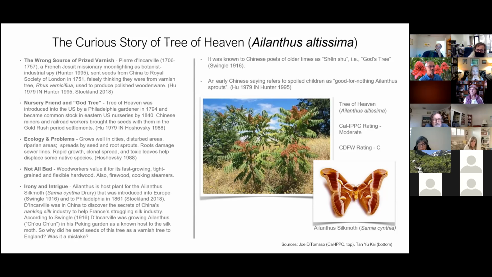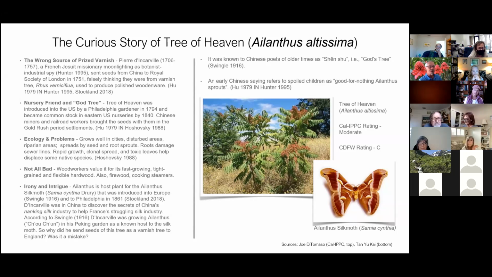What he was trying to do was bring the secrets of the superior Chinese silk industry to help his French counterparts and the government and the industry in France, which was struggling. And what he found was this plant. He was given the seeds of this plant that was going to be helpful for the woodenware industry as well.